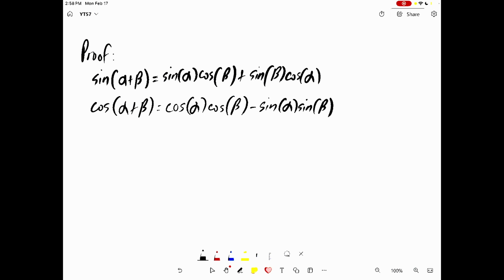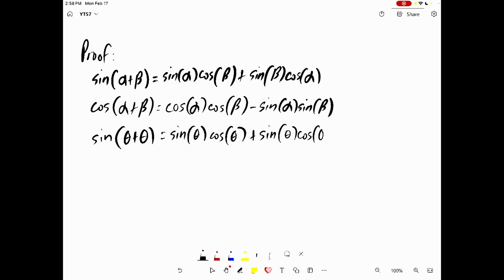Well, for sine 2 theta, what we're going to do is say sine of alpha plus beta, where alpha and beta are theta and theta. So sine of theta plus theta is equal to sine theta cosine theta plus sine theta cosine theta, because both alpha and beta are theta.